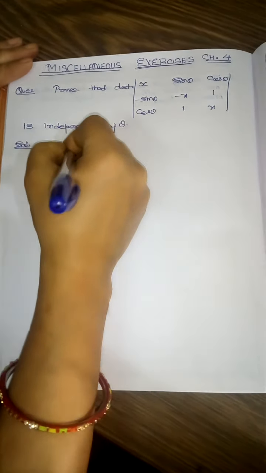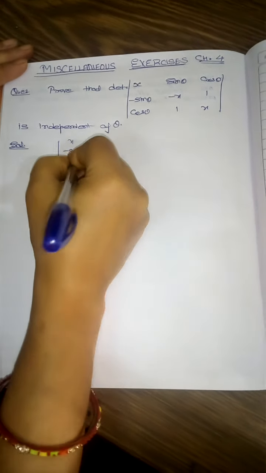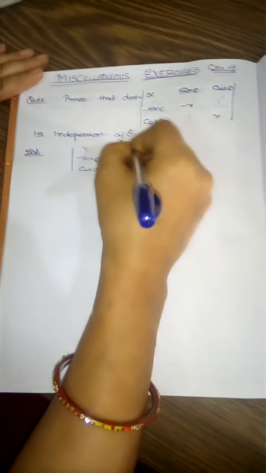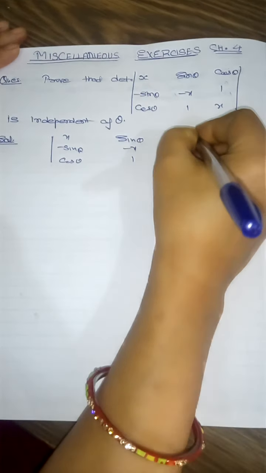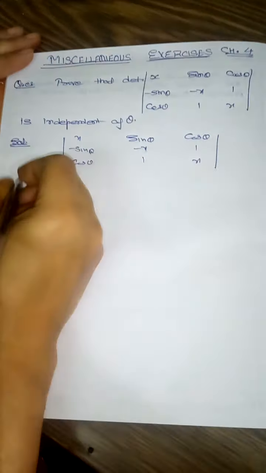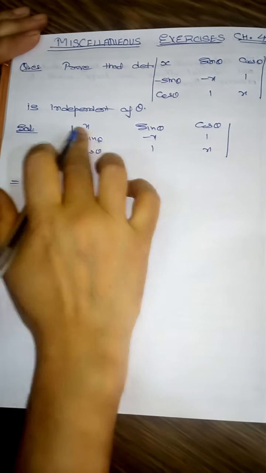The given determinant is x, sin theta, cos theta; minus sin theta, minus x, 1; cos theta, 1, x. Now open the determinant by the first row.